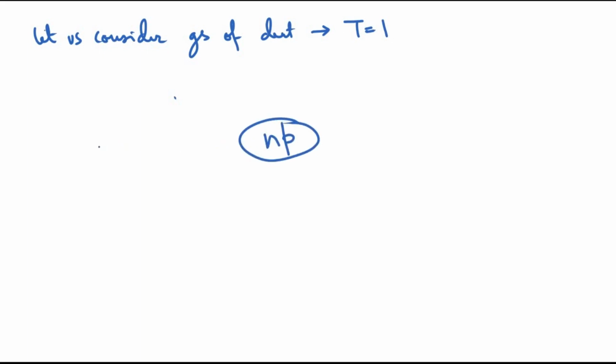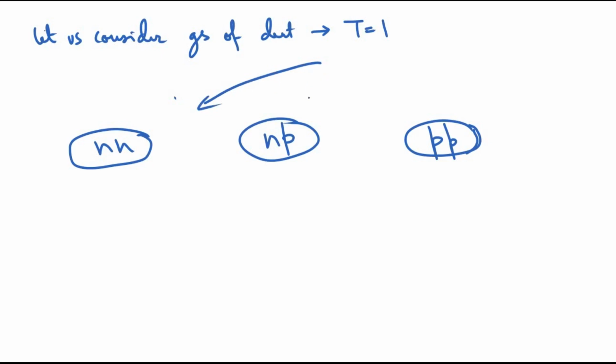Similarly, we have two neutron system, NN, and PP. Now if the ground state of the Deuteron would be having T equal to 1, then similar bound states will also exist in the other T equal to 1 two nucleon systems. So all these three are T equal to 1 subsystems. All three of them will have that.